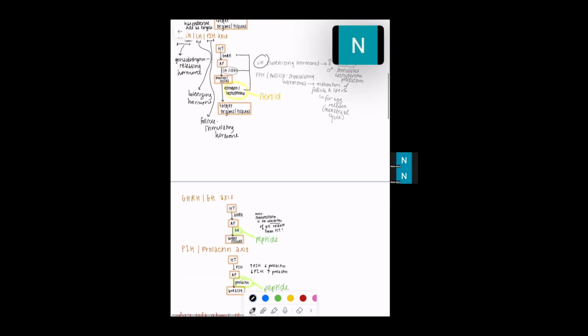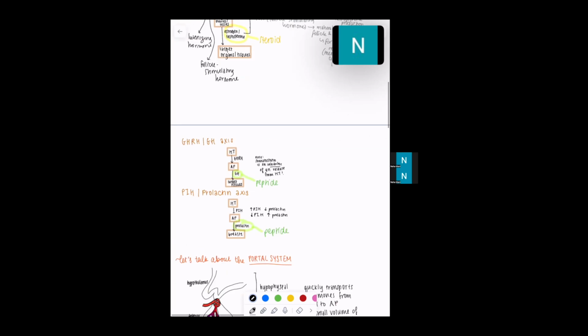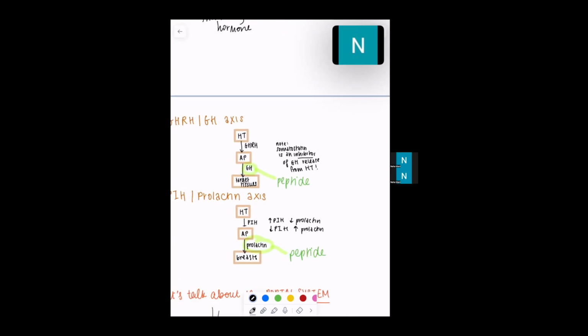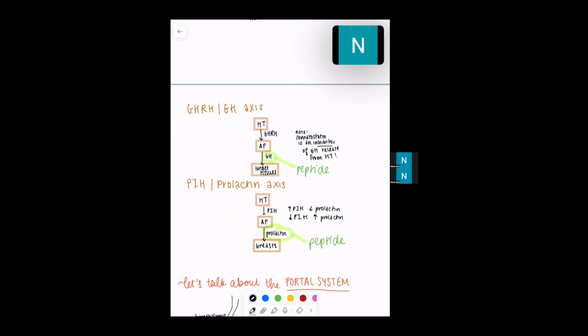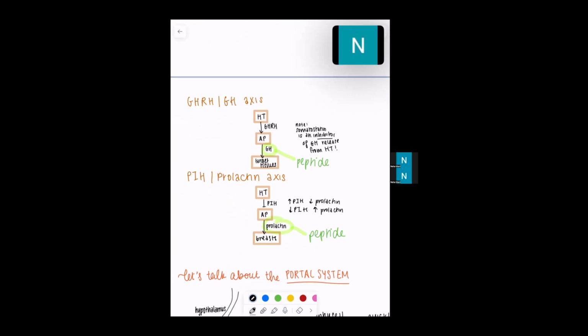Okay, so we have two more axes to go over, and then I'm going to talk a bit about positive and negative feedback. But the second to last one I wanted to talk about is the growth hormone axis. So the releasing hormone is GHRH, and you could probably guess that that is growth hormone releasing hormone, and that's secreted by the hypothalamus to stimulate the anterior pituitary to secrete growth hormone, which will signal in a variety of different tissues.